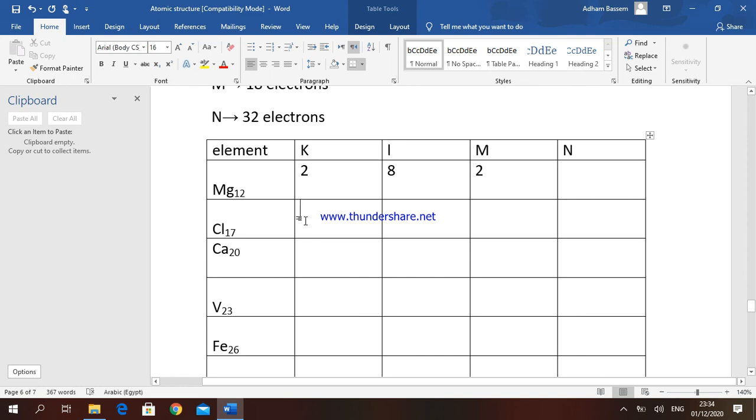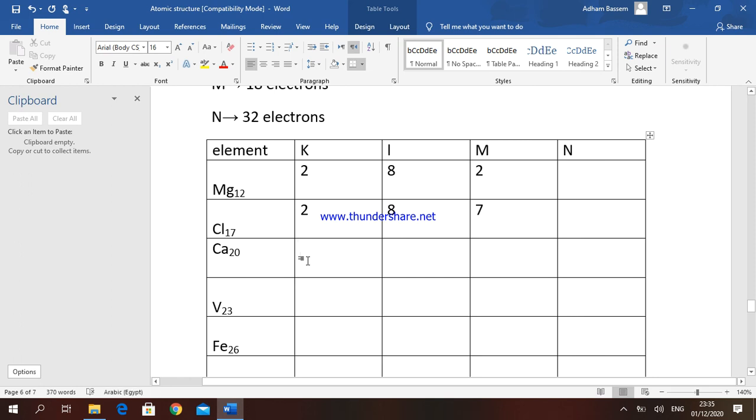Chlorine: we must distribute 17 electrons. K carries 2 electrons from 17. L carries 8 electrons from 17, so the remaining electrons equal 7, so M carries 7 electrons. The outermost energy level, M level, is not saturated with electrons, so the chlorine atom is an active non-metal, which can take part in a chemical reaction to complete the outermost level.